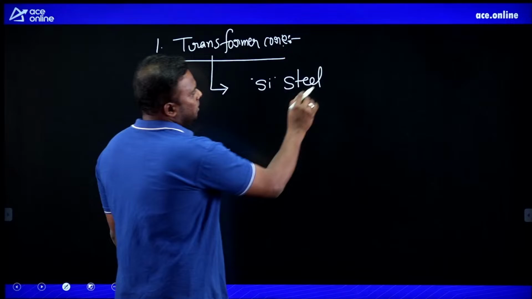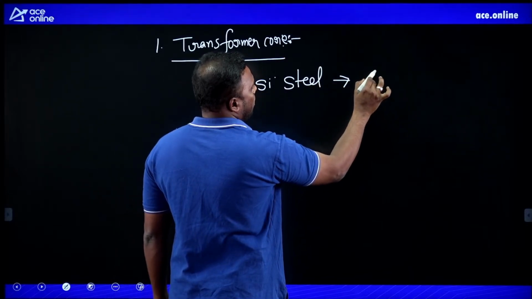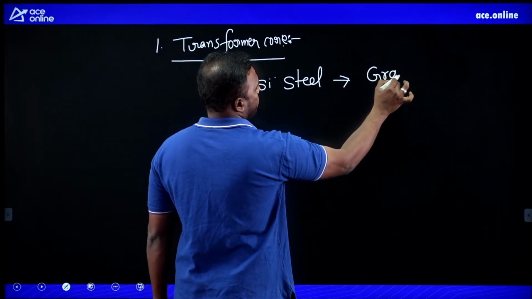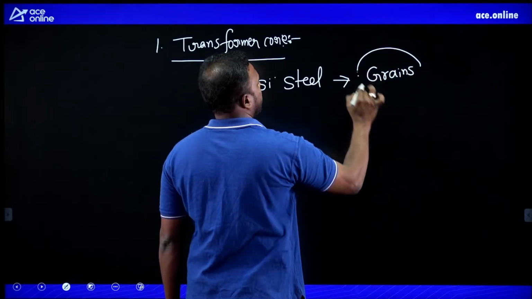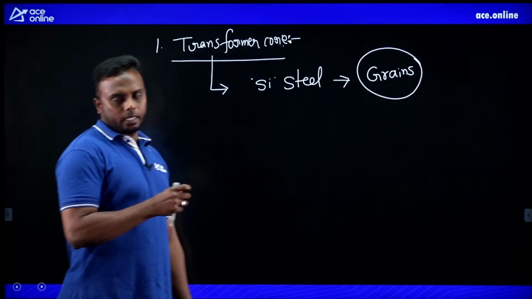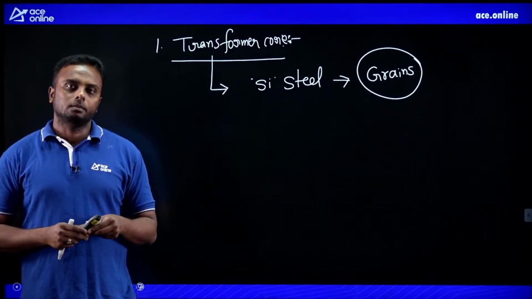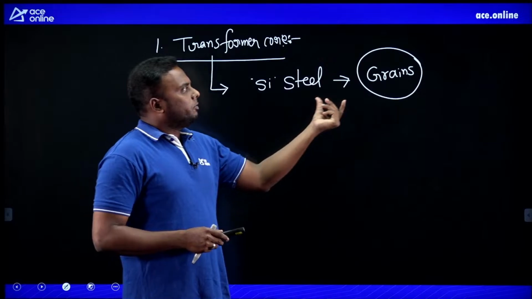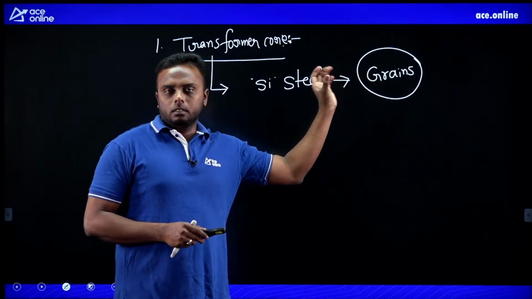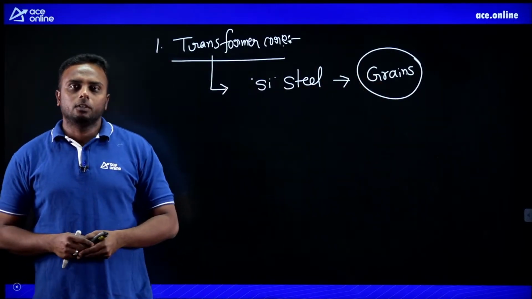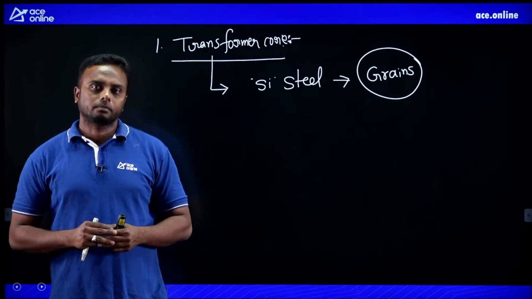But in normal silicon steel, the problem is that the material has grains. In steel ferromagnetic materials, we have grains. The shape of silicon steel is BCC, body centered cubic structure. Each BCC we call one grain. Some lakhs of grains will be there in a small piece of material.